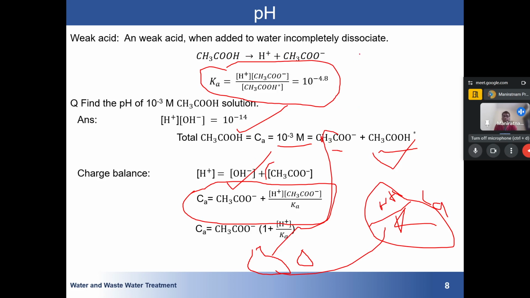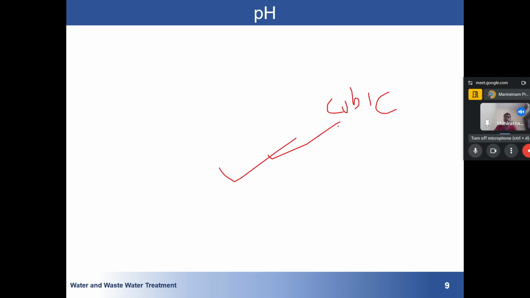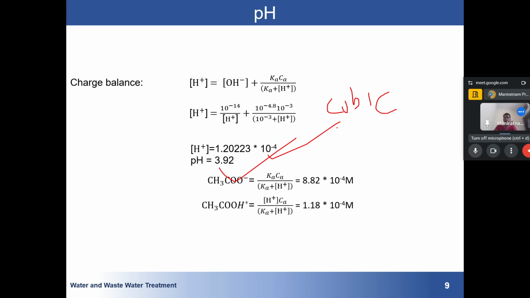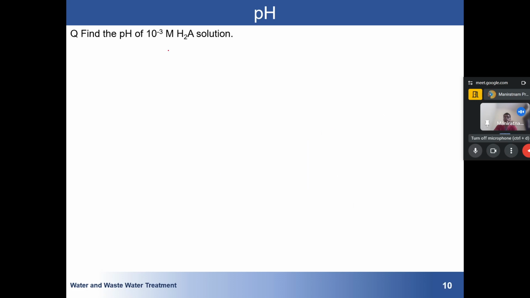Now remember, this was monoprotic, meaning it was releasing only one H+. Now we will look into a system containing two H+. This is known as diprotic. Protic means H+, so this acid will release two H+ in the water depending on the pH of the system.